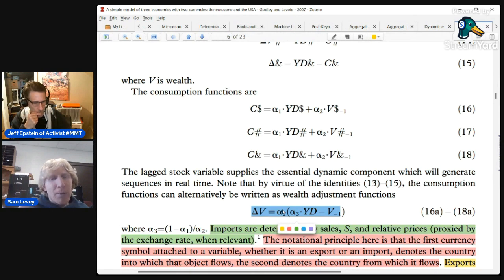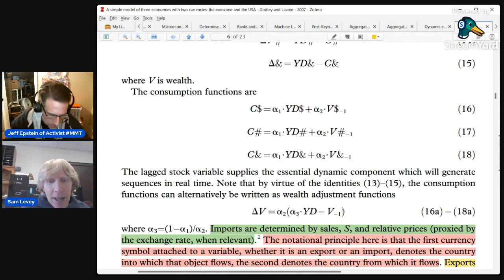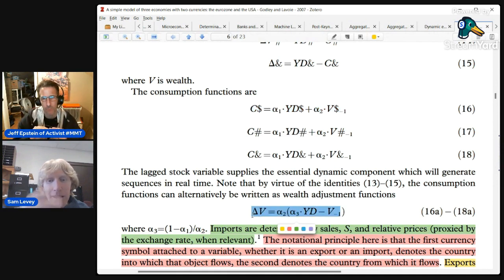They don't do that in this model. They just assume, by virtue of having a consumption function that looks like this, the same thing as assuming that people have some target level of saving that they'd like to have. Okay, fair enough.